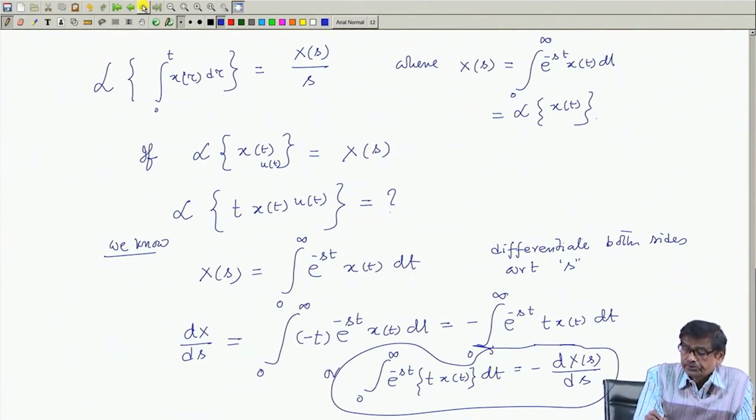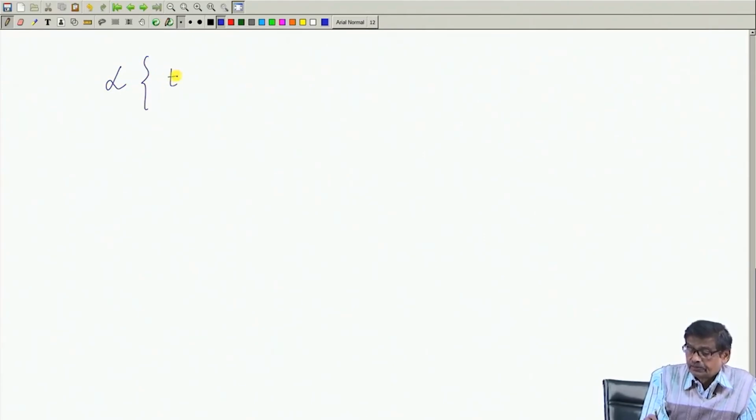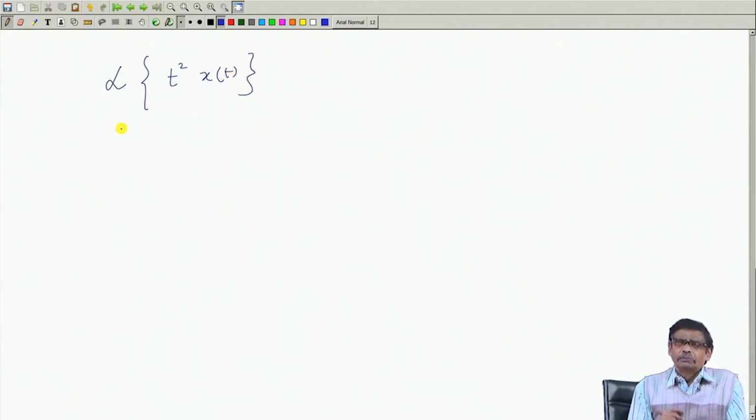I leave it to you to find out, I only indicate it, so that you can do the Laplace transform of, suppose I say, t square x(t). I will not find out a general formula for t to the power n x(t), that can be done, but I am telling you the idea.